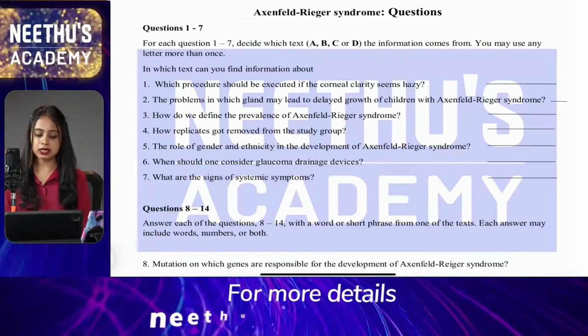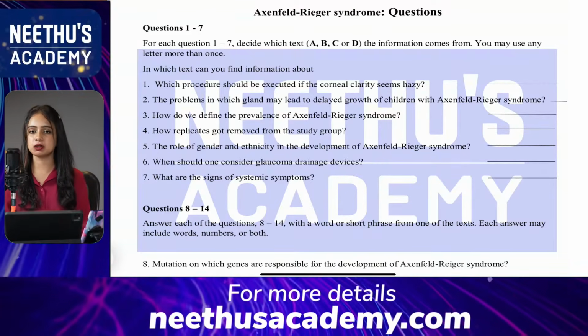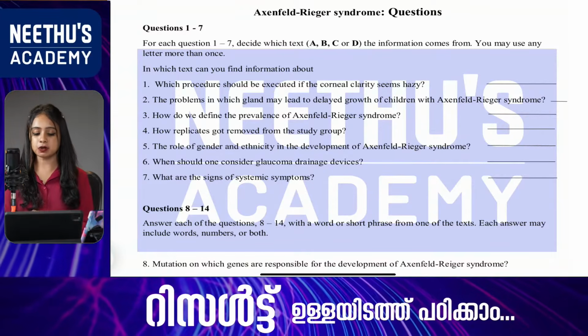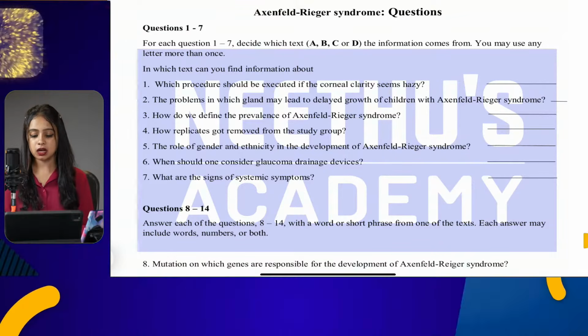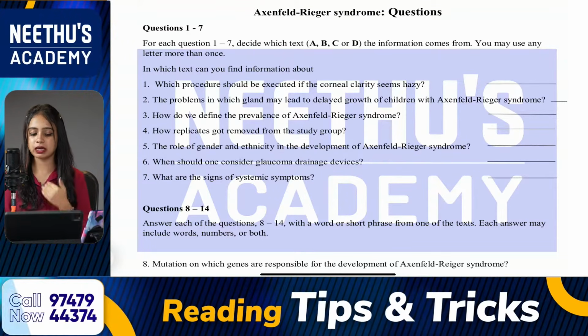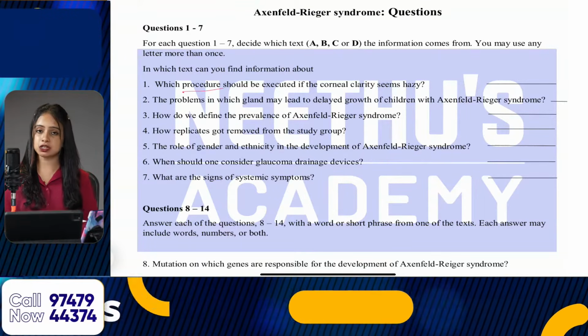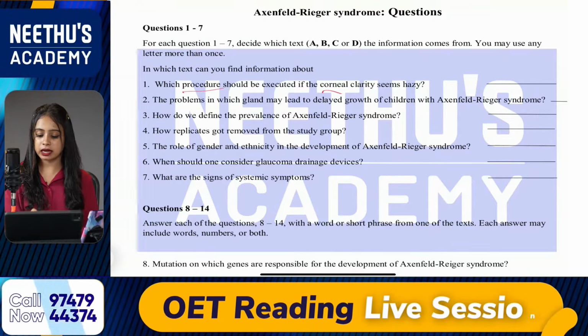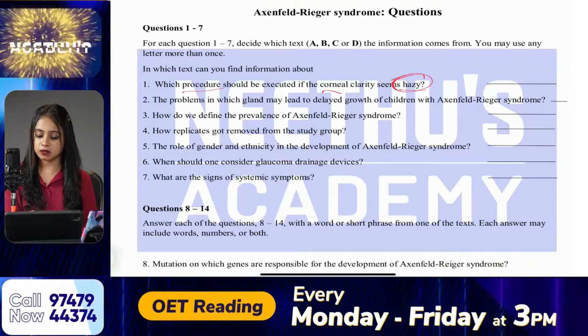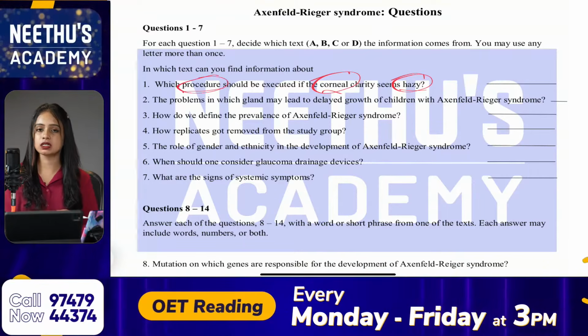I know that you guys know that time management is important, right? What is the question? Which procedure should be executed if the corneal clarity seems hazy? My keywords: procedure, corneal, hazy. From these three keywords, I'm going to find out my answer.